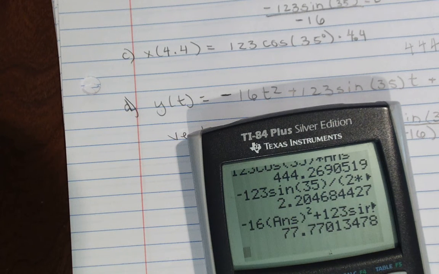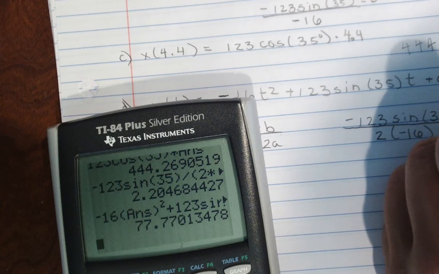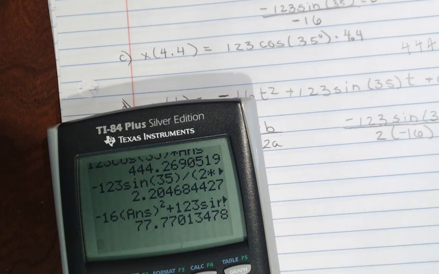And we get 77.77. And this one asks us to round to one decimal as well. So it goes 77.8 feet up in the air.